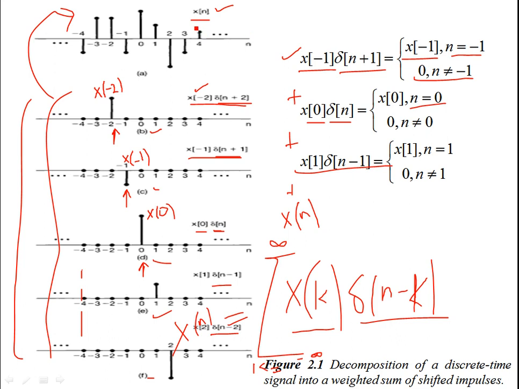This x of n is a decomposition in terms of shifted impulses, right? So you see over here this sample at minus 2, then the sample at minus 1 comes up. You sum this up, and you obtain the sequence by summing all the shifted impulses with the corresponding weights, which are the samples of x of n.